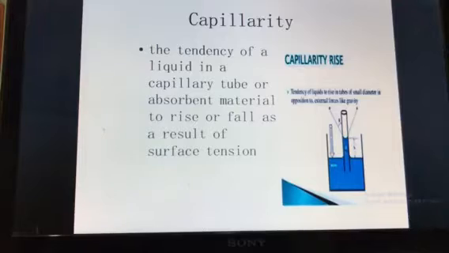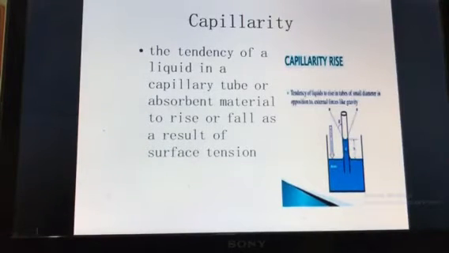Now the next property is capillarity. What do we mean by capillarity? Capillarity is the phenomenon of rise or fall of the liquid surface in a small tube relative to the adjacent general level of the liquid when the tube is held vertically in the liquid.